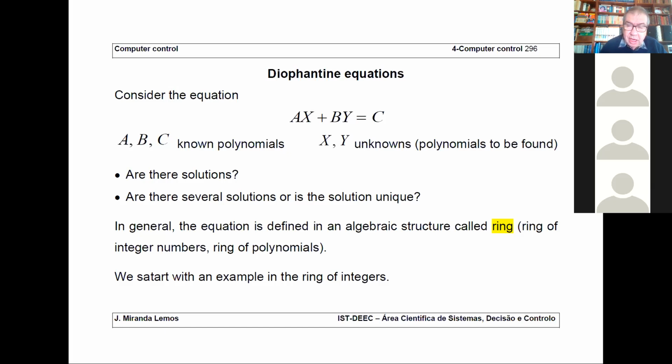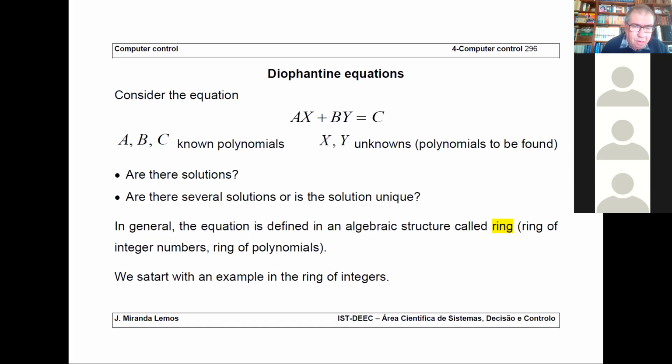So integer numbers or rational numbers form a ring, and polynomials also form a ring. But this is just a definition. If it rings a bell to you, it's okay. If it does not ring a bell, okay, forget it.